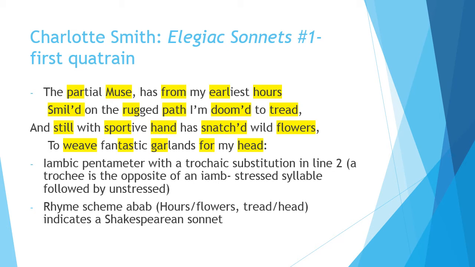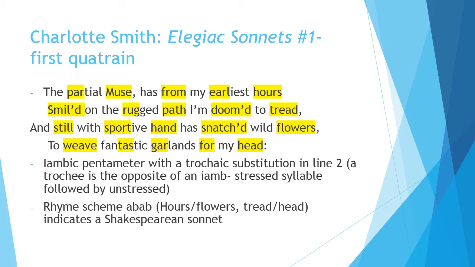And a trochee is basically the opposite of an iamb, so the stressed syllable precedes the unstressed syllable instead of following it. This can be done for various reasons, which we'll talk about in various poems. In this case, it shifts the emphasis and makes the transition from the first line to the second line more emphatic. We can see the rhyme scheme: AB.